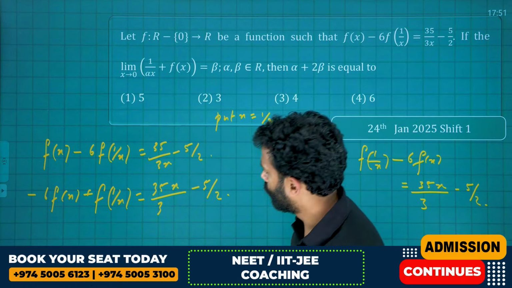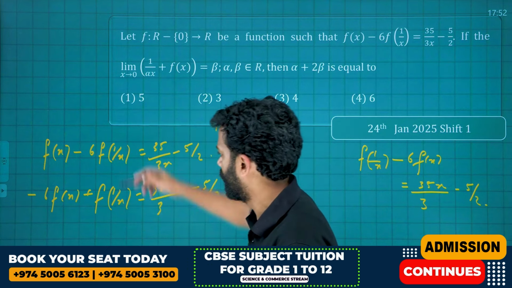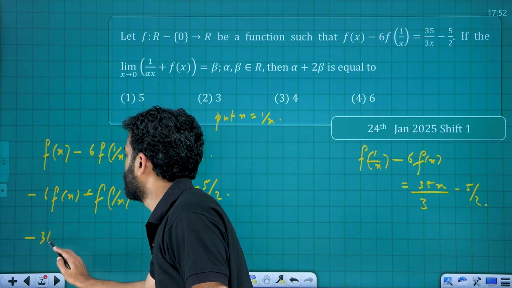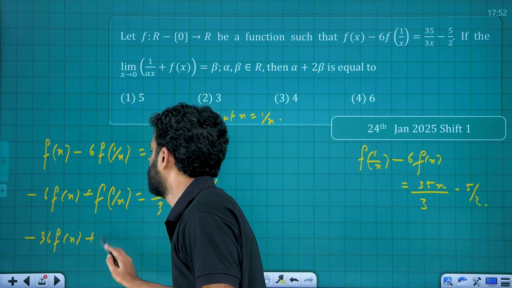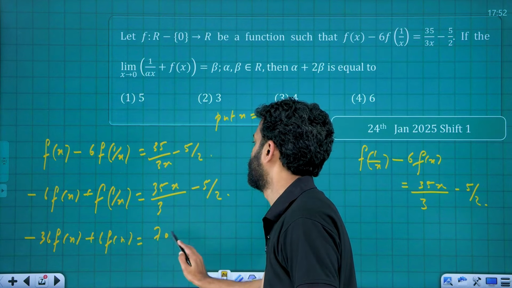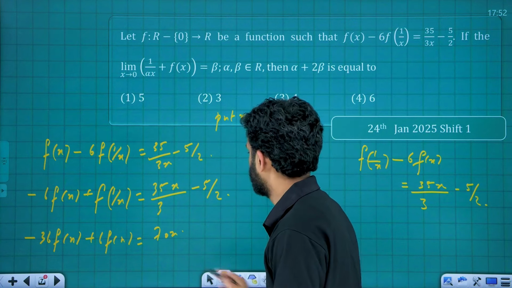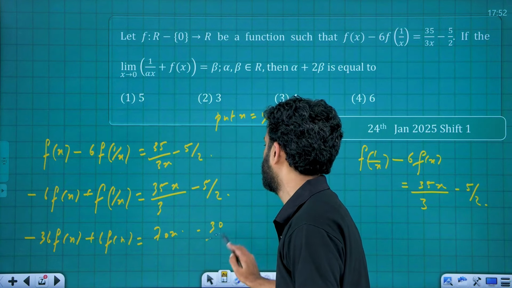So we need to cancel this one, right? f of 1 by x. So multiply here with 6 and add it, and you will get minus 36 into f of x plus 6 into f of x is equal to, this is 70x, right? 70x minus 30 by 2.